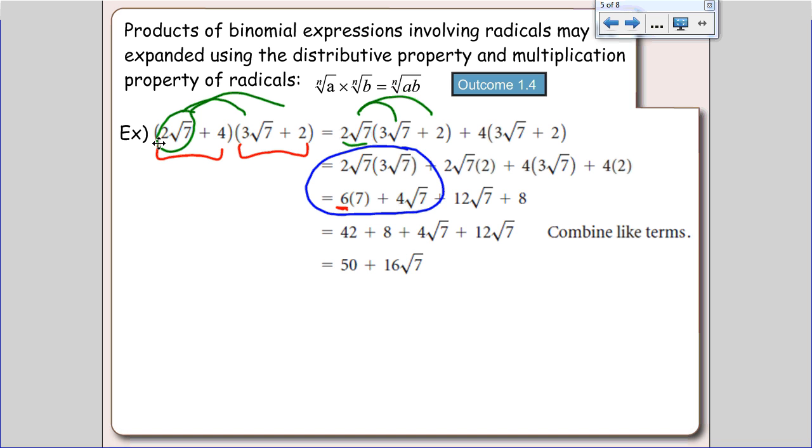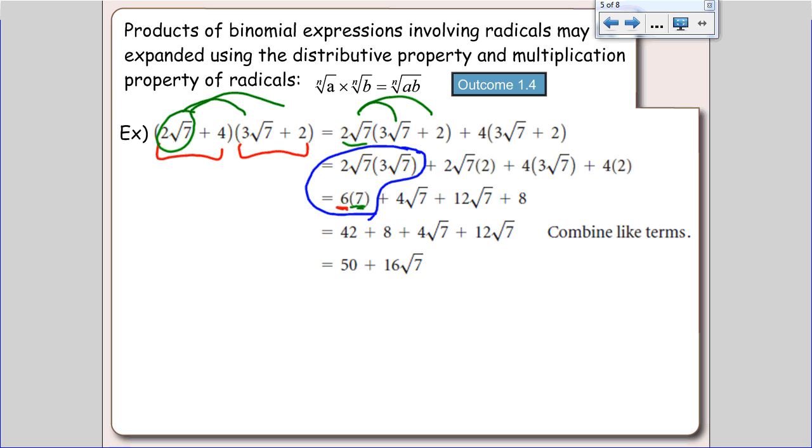Sorry, this second part actually comes. So I'm going to circle like this. See how those connect? The root 7s, because it's root 7 times root 7, the root sign cancels itself out. So there's just a 7 left. And again, if you're wondering why that works, how did we prove this yesterday?